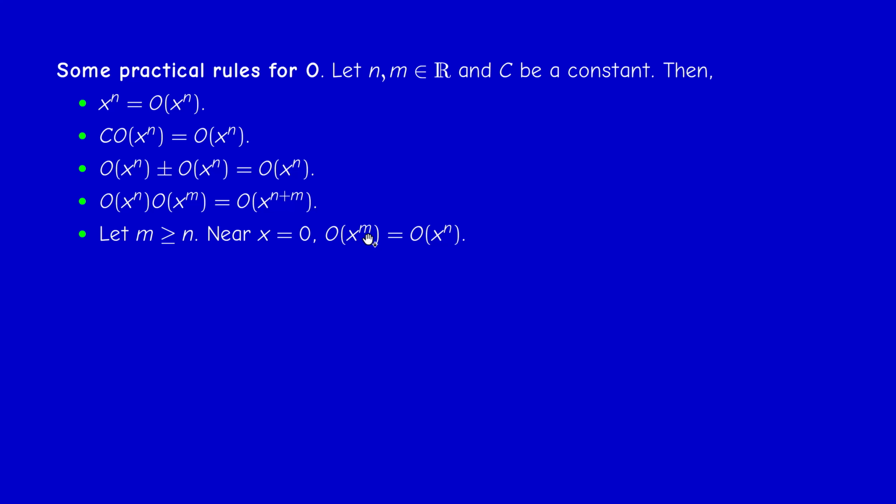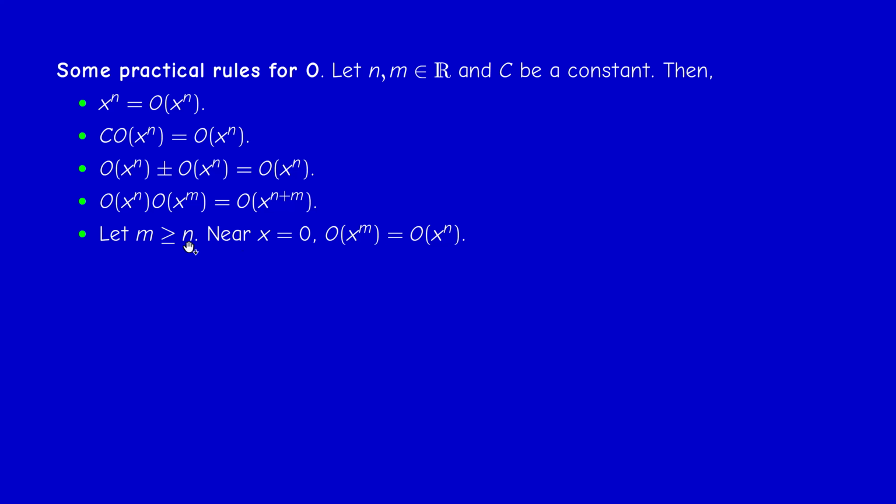A big O of xm is necessarily a big O of xn, but this relation of equality is not symmetric. So I cannot just flip them and write big O of xn is big O of xm. It's not really an equality. I'm saying that a function belonging to this class belongs to this class, so it should be an inclusion relation.